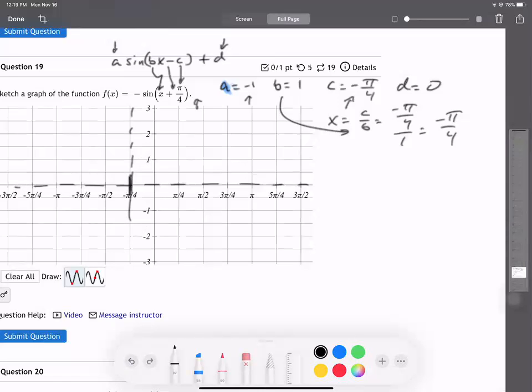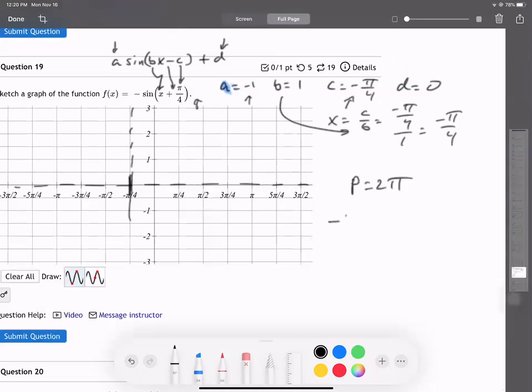Now, to go forward from here, we want to do B. B is a frequency, so we see this once in 2 pi. But for you guys to get to 2 pi, where is 2 pi? Is this 2 pi? Is this 2 pi? I don't know where 2 pi is. So the period is equal to 2 pi, and we add our period to our starting value.